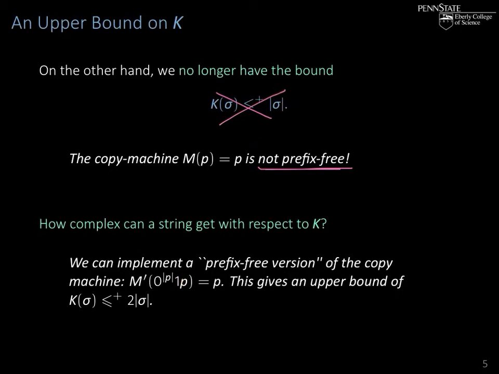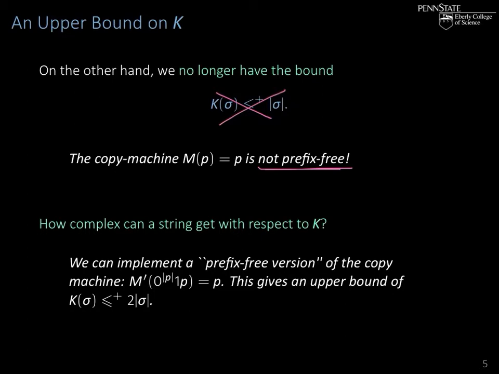The machine first reads the length, then sees there's a 1, which stops the encoding of the length, and what it reads after that, it just outputs. By putting 0 to the length of P at the beginning, I make the copying process actually prefix-free.